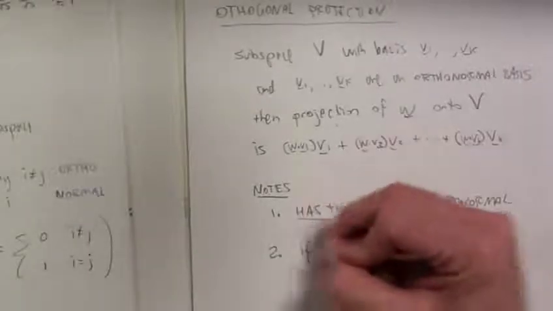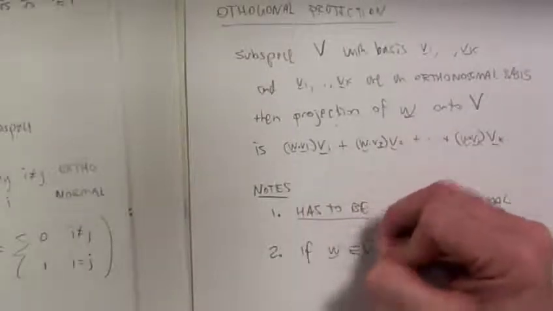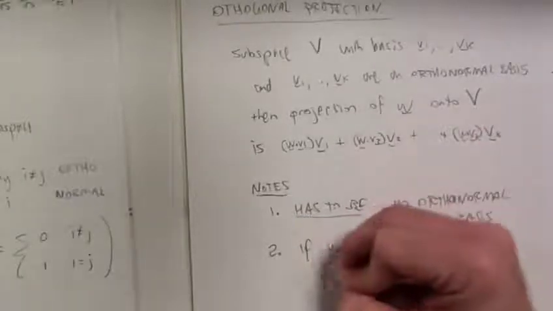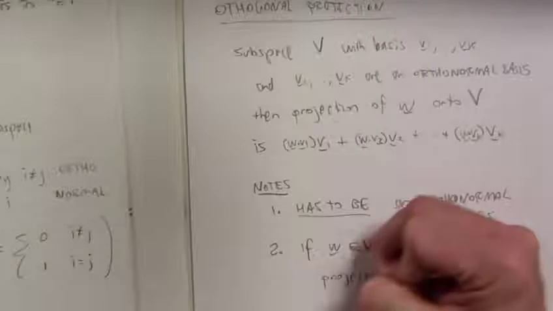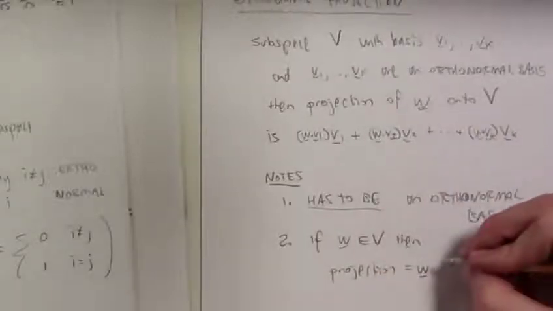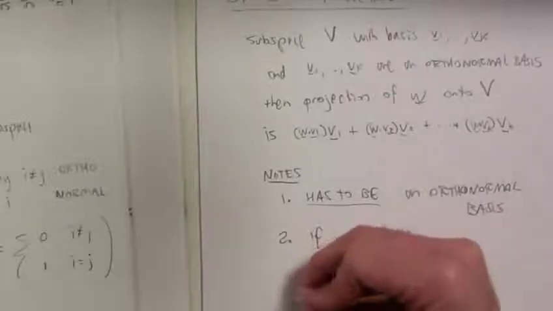Number 2, if the vector is already in V, then the projection is just equal to W again. So the projection doesn't do anything if you're already in V. And 3, if W is not in V, then the projection is not the same as what you had before.